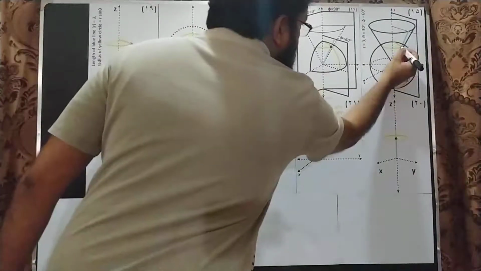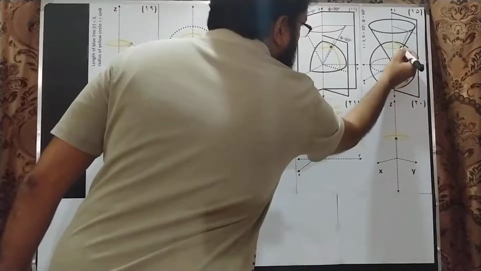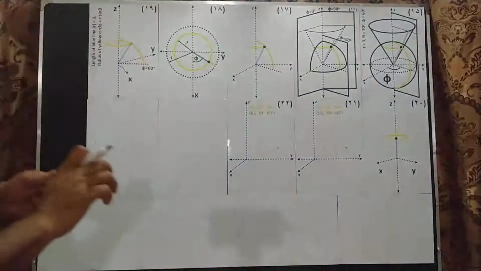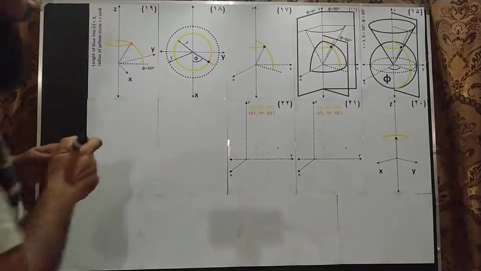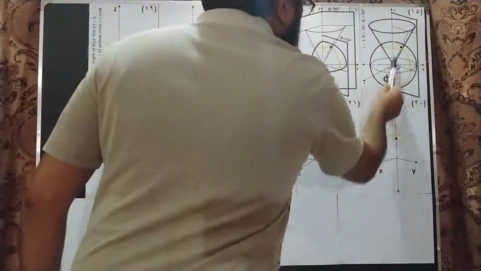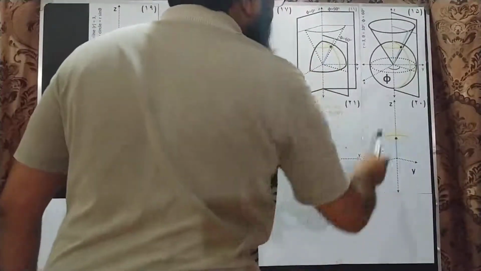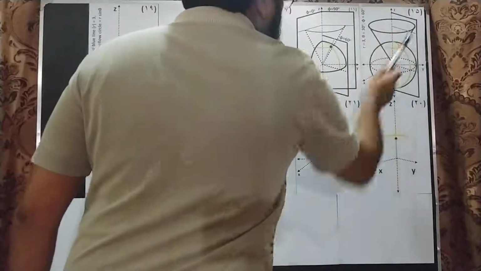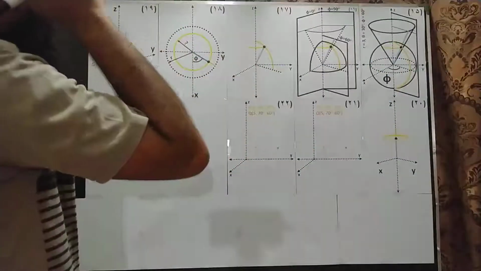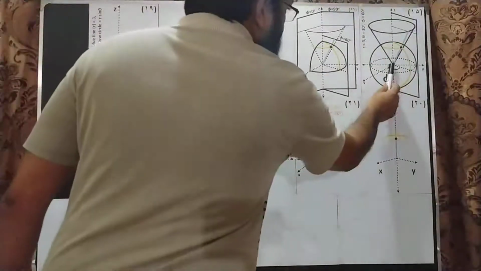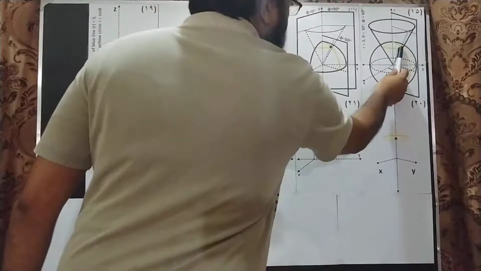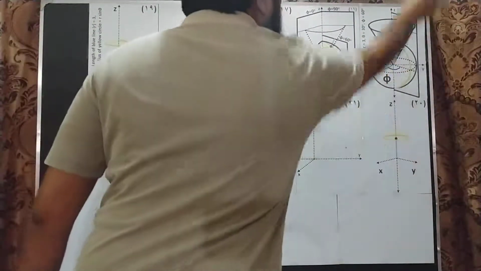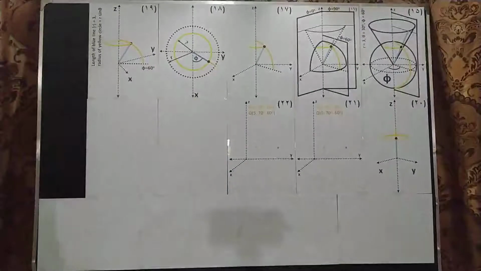So at their intersection, we have got a point. This blue line, the intersection of theta equals constant and phi equals constant, starts from the origin, passes through our destination point, and goes all the way to infinity.